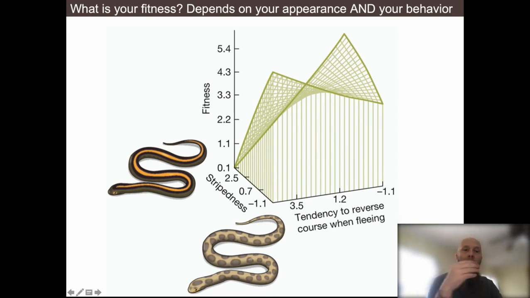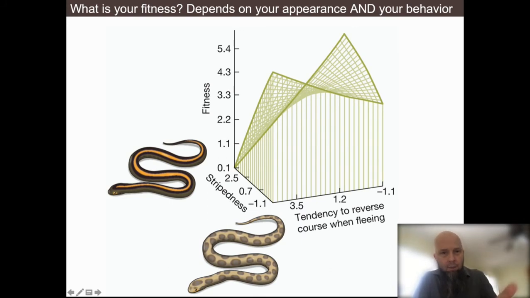So I want you to think about what's being illustrated here, okay? In these populations of garter snakes, there are actually two different phenotypes. The phenotype of having a bright stripe down the back, like I showed you, okay? And the phenotype of being spotted. So garter snakes in these populations can be either or some mix of the two. So you'll notice that the y-axis is fitness, okay?